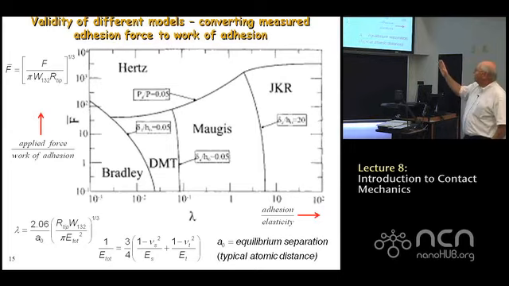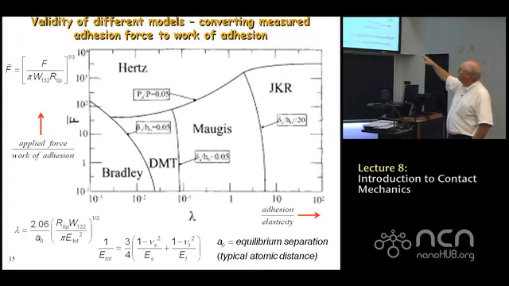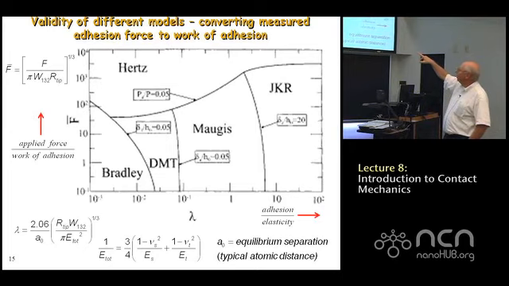And as you continue to increase either the hardness of the sample or the adhesion of the sample, so lambda gets bigger, you move from left to right, you go through this DMT regime, right? Then there's this intermediate regime, Maugis-Dugdale, which requires you to evaluate things in a very complicated way. And then finally, as the adhesion dominates, lambda is a big number, right? You're on the far right of this graph and the JKR model becomes appropriate, right?